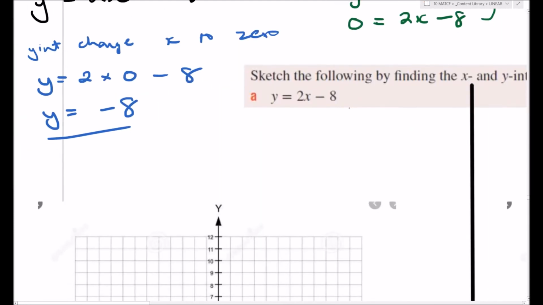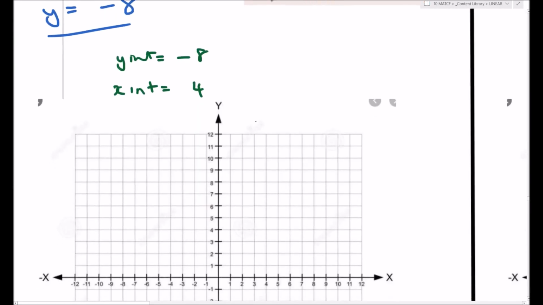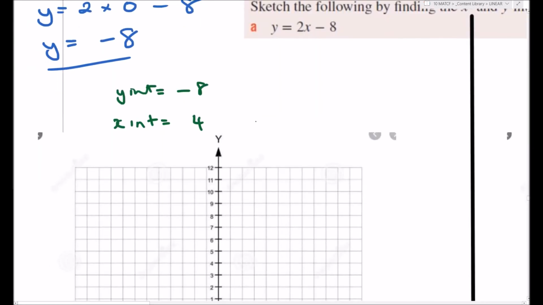Okay, so that means in my formula here, y-intercept equals negative 8, and x-intercept equals 4. Now in terms of the actual coordinates, if you look back again to the previous section of this video, or it might be the previous part, I'm not sure if I'll split it up, the coordinates for these: for the y-intercept, x has to be 0, and y is the intercept, negative 8.